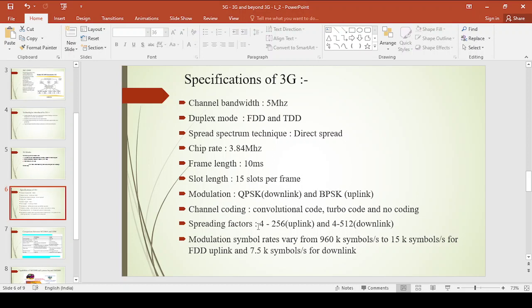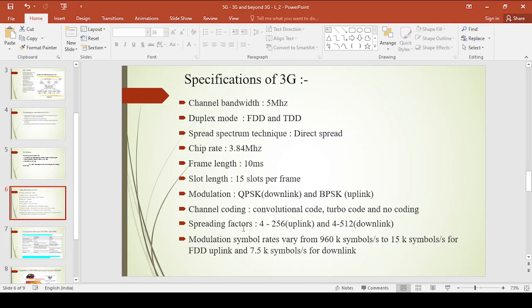The spreading factor may vary between 4 to 256 for uplink transmission and 4 to 512 for downlink transmission.